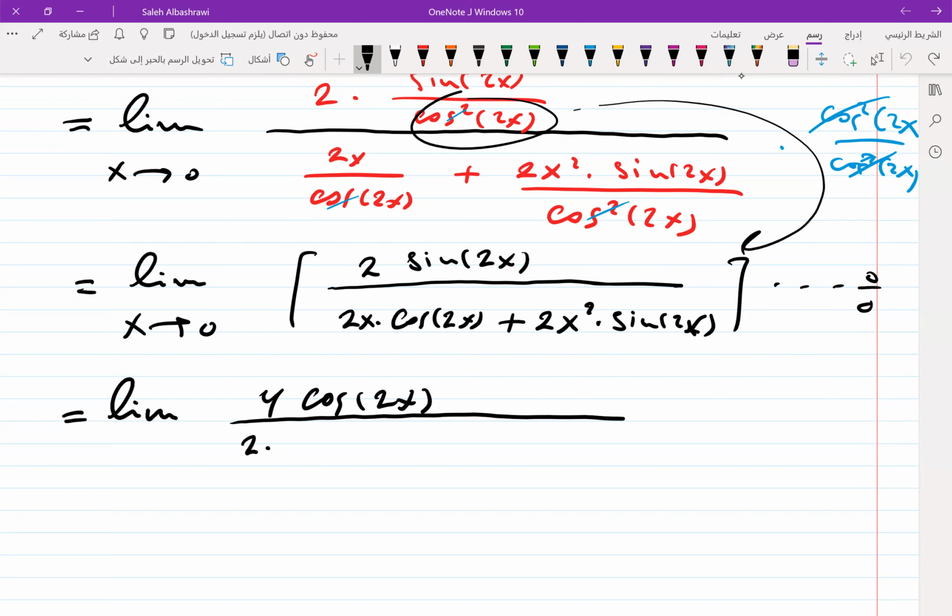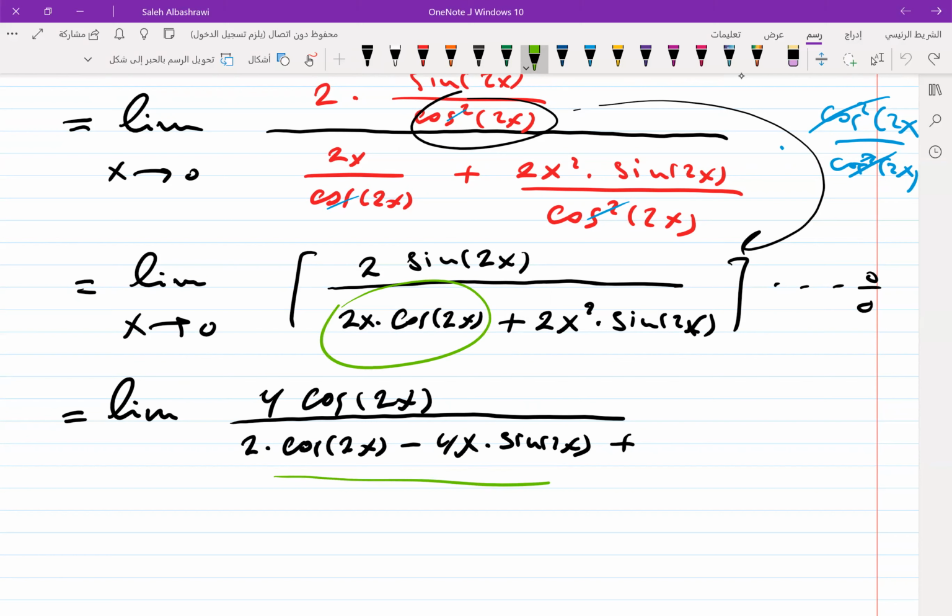It will be 2 multiplied by cosine 2x minus 4x multiplied by sine 2x, plus, for the second part, 2x squared, 4x multiplied by sine 2x plus 4x squared multiplied by cosine 2x.